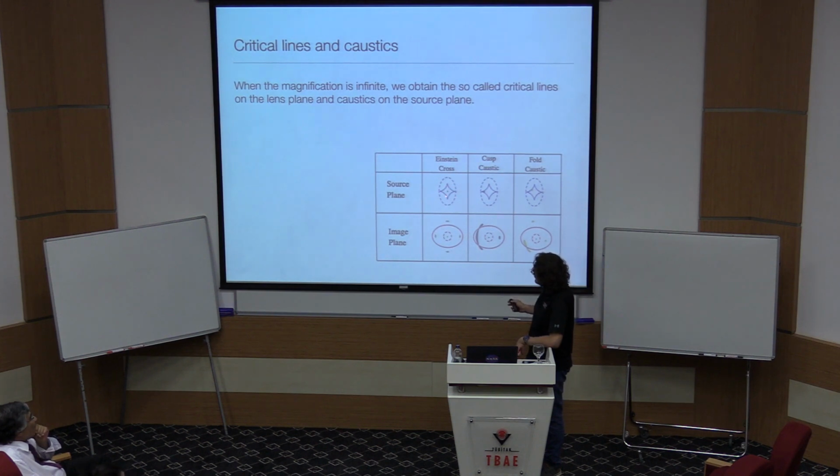Inside this geometric shape, you get 5 images. Outside it, you get 3 images, and outside that, you get 1 image. So at the very outside, you essentially just get ordinary lensing, whereas inside, whenever magnification goes infinite, your number of images has to increase by 2, and those 2 images are either created or destroyed at the critical lines.